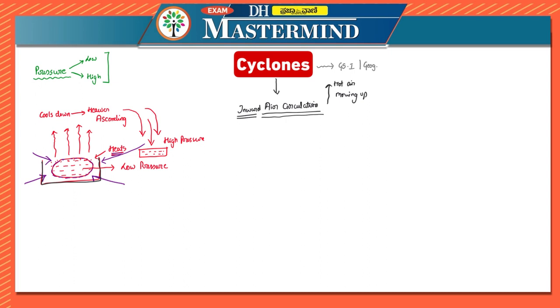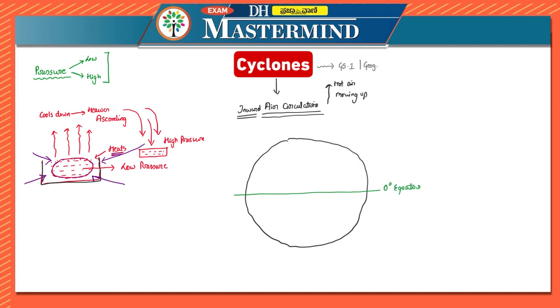Then why does this air circulate in the inward direction? For that, we have to understand how exactly the oceans and the winds work. We will not go into so much detail; we will understand as much as is required to understand what cyclones are. Now let us take this to be 0 degree, that is the equator.